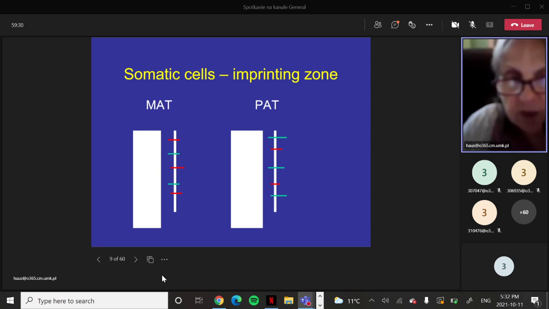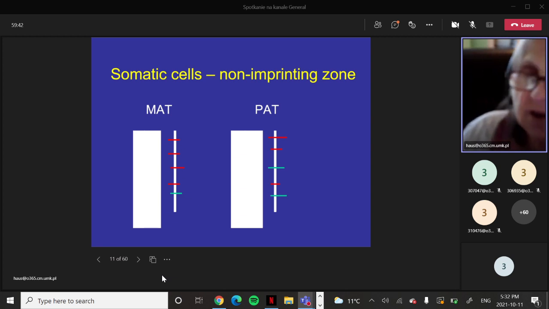It is inactive in the father, it is active in the mother. But in the non-imprinting part of our genome, the genes behave independently of the sex of a parent.